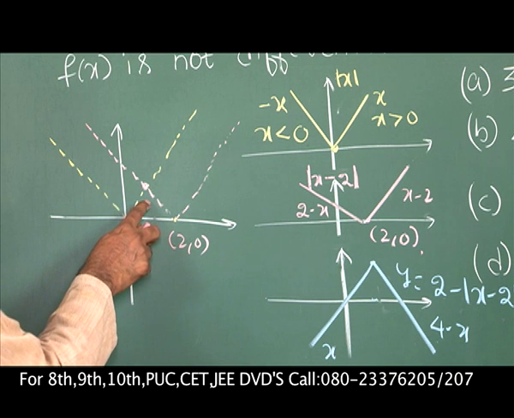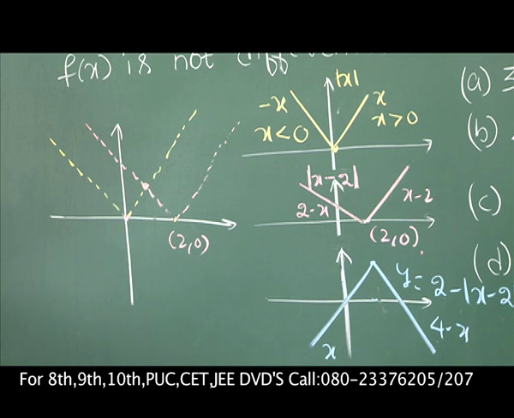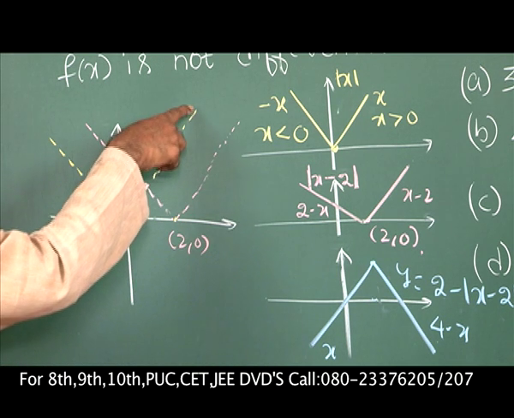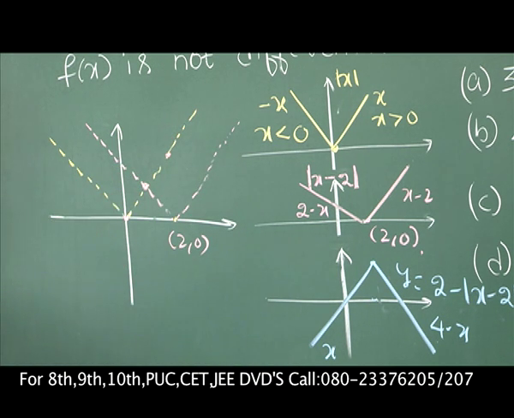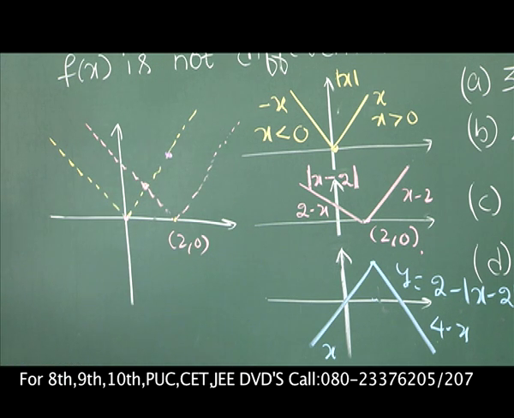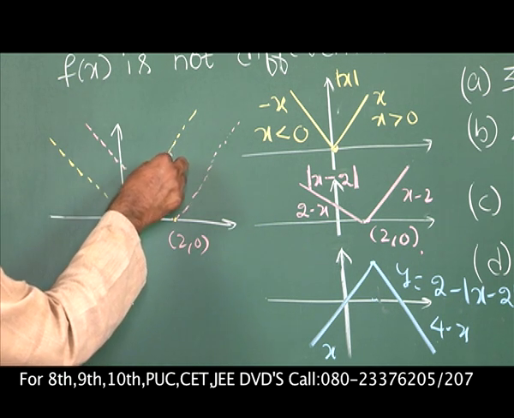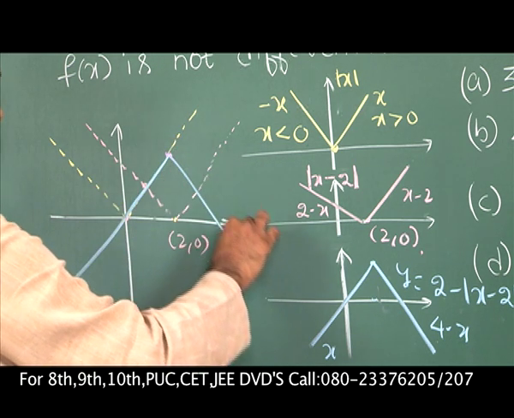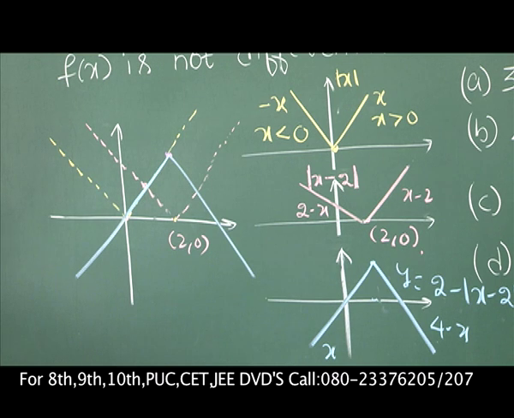Now, where is (2, 2)? (2, 2) must be clearly here. The reason is it should be on this particular line only. So, this is (2, 2). Okay. This is (2, 2), right?